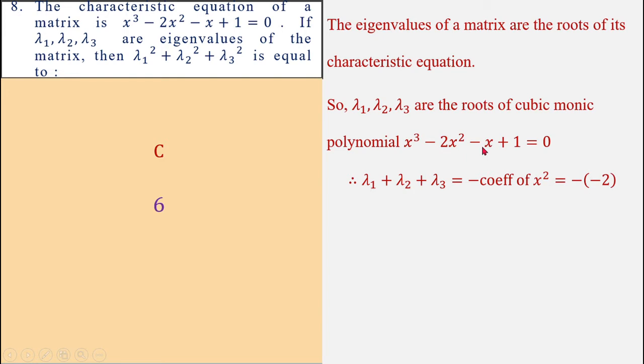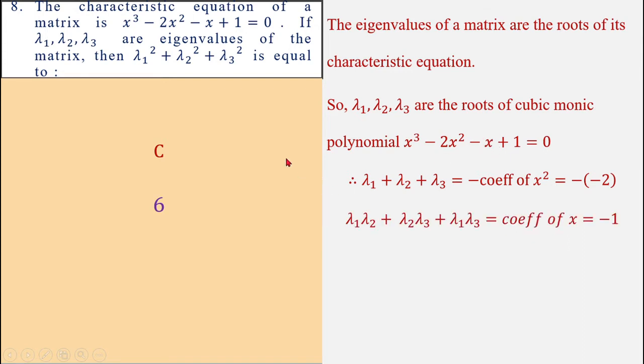Again, the sum of the products of distinct pairs of roots is equal to the coefficient of x raised to n minus 2. That means here lambda 1 into lambda 2 plus lambda 1 into lambda 3 plus lambda 2 into lambda 3 is equal to the coefficient of x, that will be minus 1.